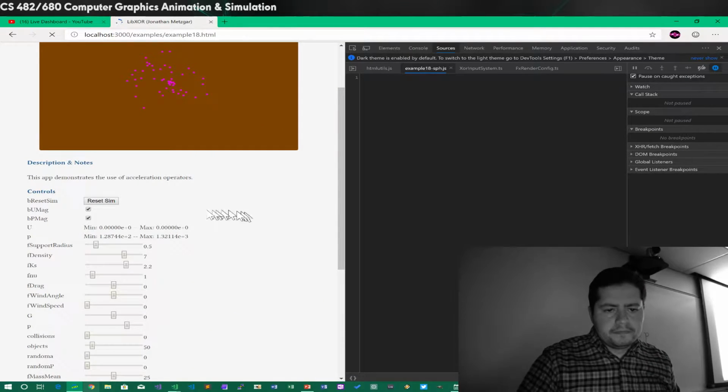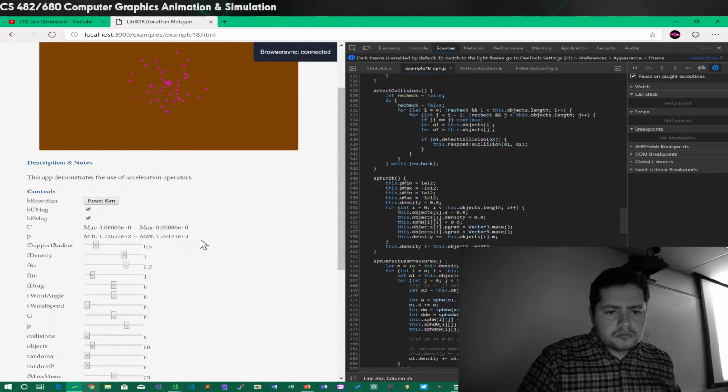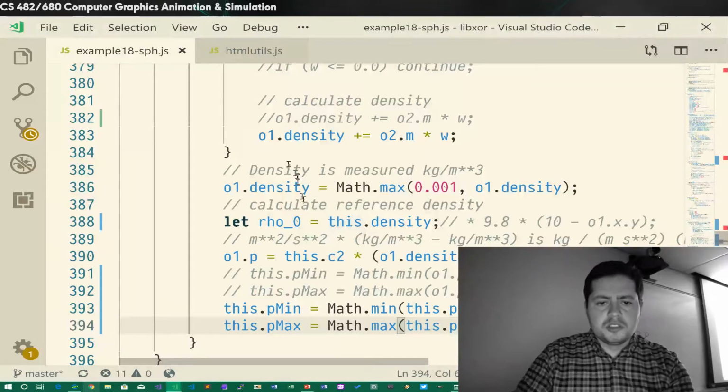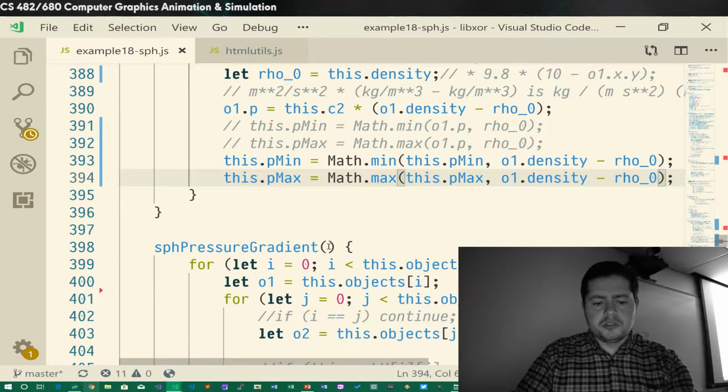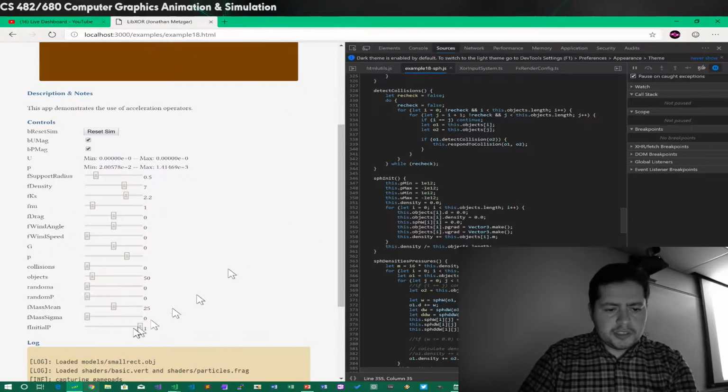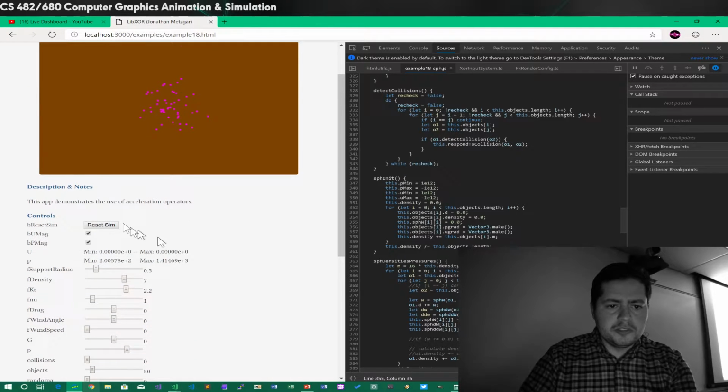Okay. Now we're not simulating the pressure gradient yet, I guess because the velocities aren't. Let's add some initial velocity. Let's see what happens.